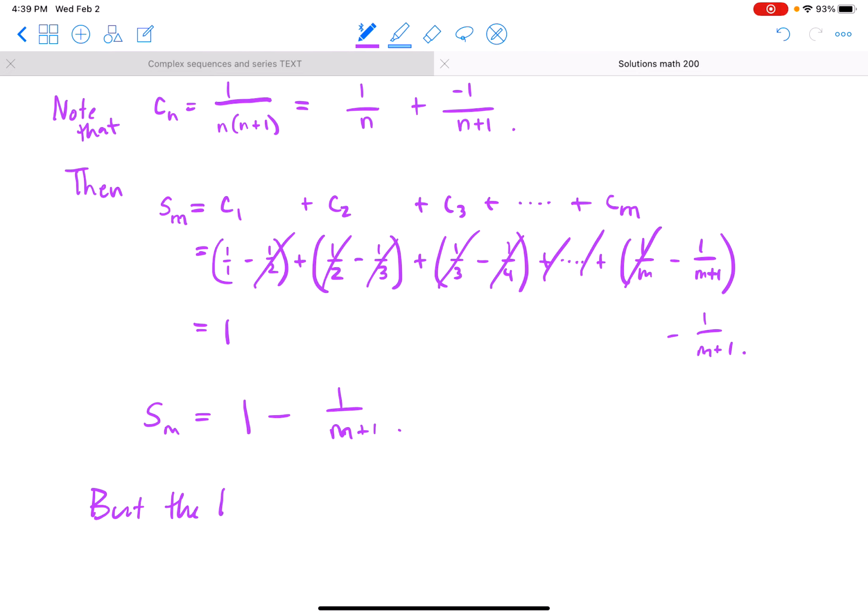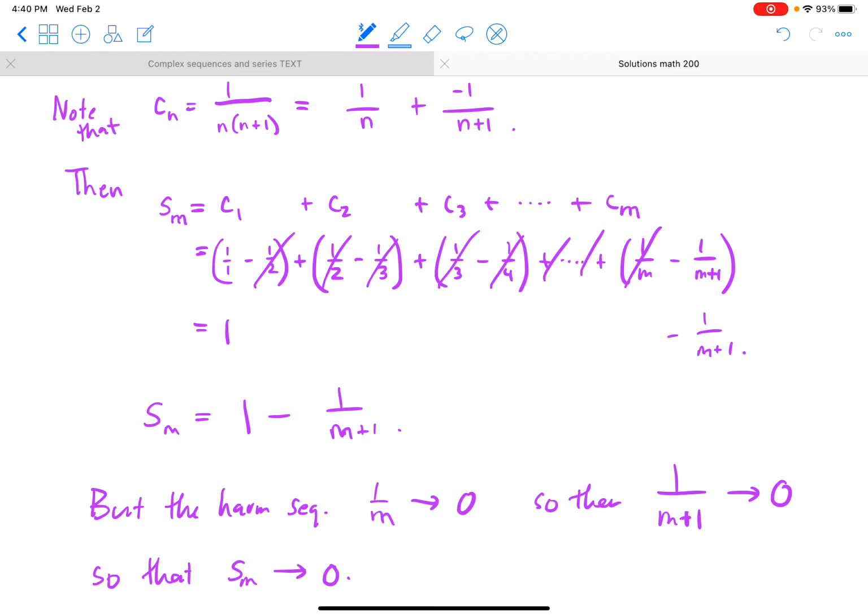But the harmonic sequence 1 over m goes to 0. So then also this sequence, which is the harmonic sequence except just shifted, also converges to 0, so that S sub m converges to 1.